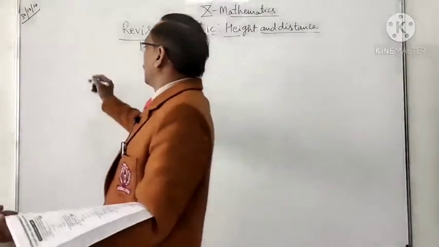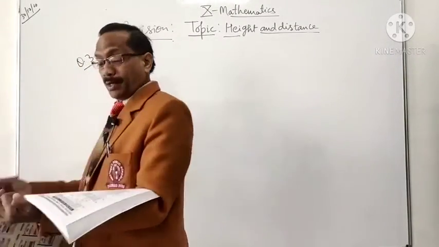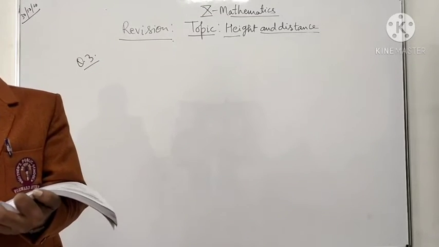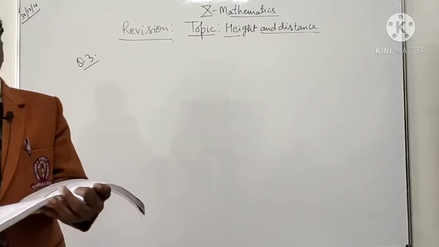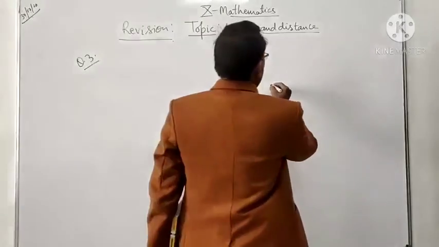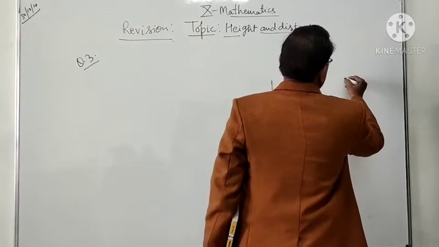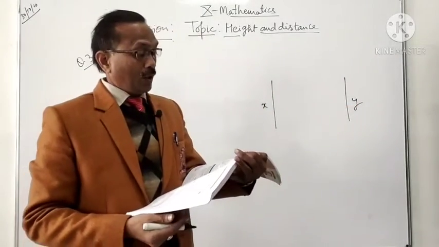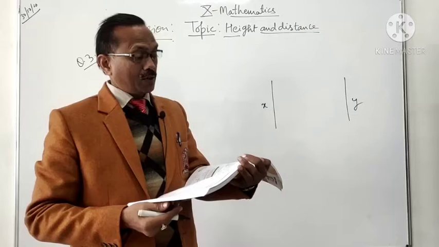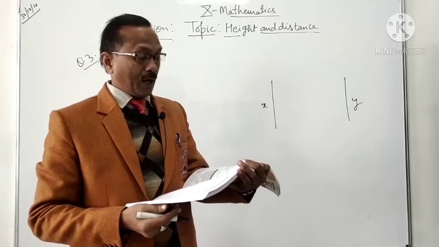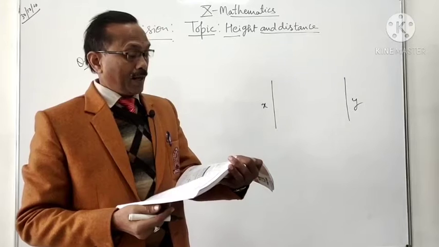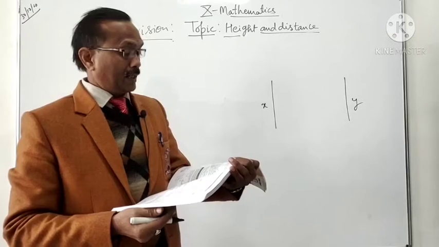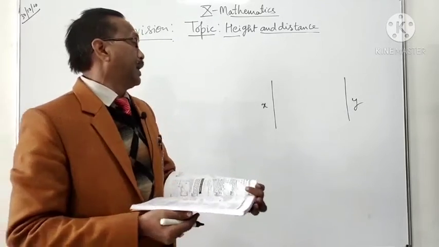Now, student, next is question 3. The tops of two towers of height x and y standing on level ground, subtending angles of 30 degree and 60 degree respectively at the center of the line joining their feet.